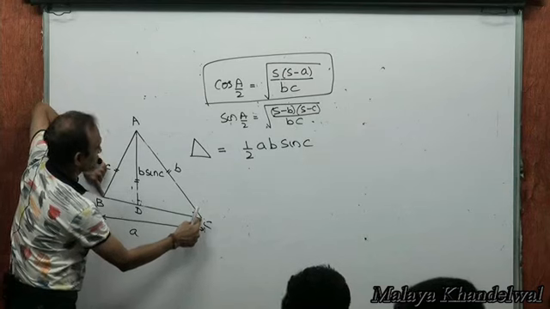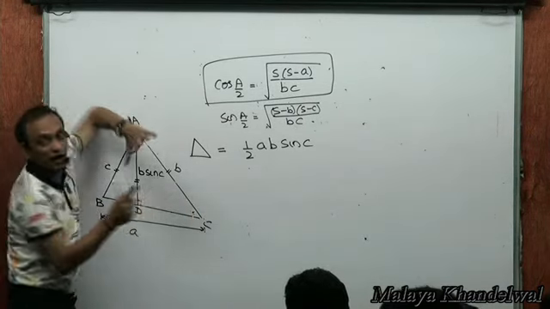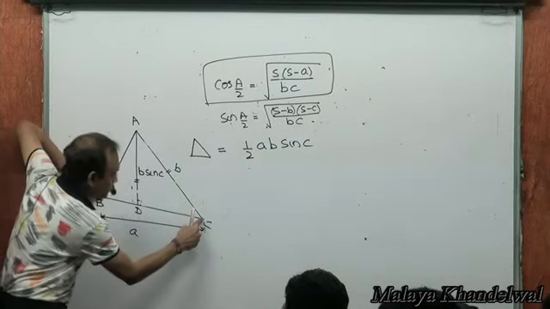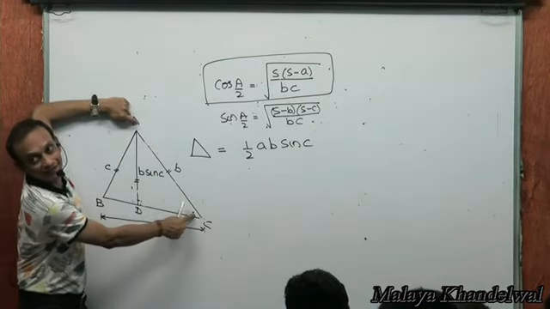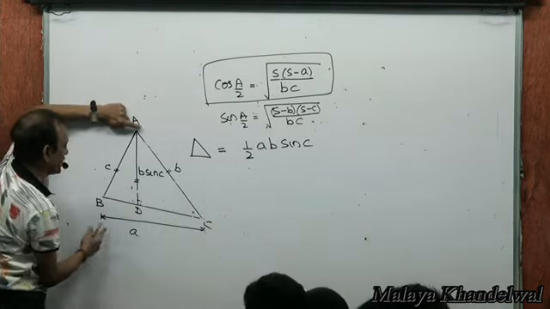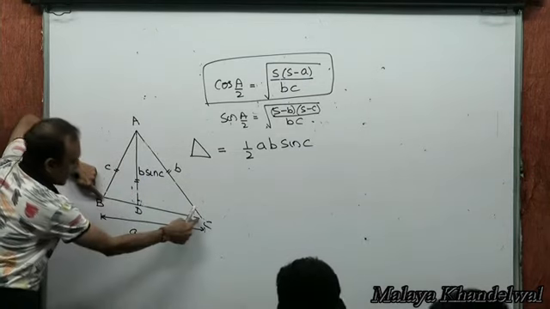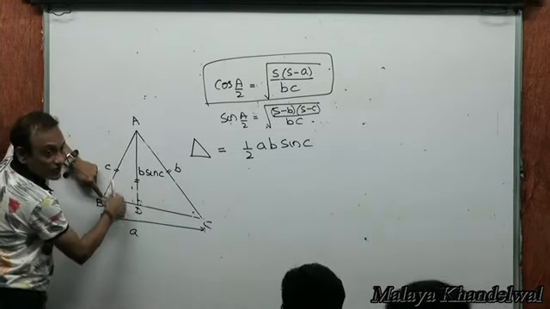Half of this side into sine of the included angle. So the area of a triangle is half the product of any two sides into sine of the included angle. So you could have also read this as half of a into c into sine B. Half the product of these two sides into sine of the included angle.